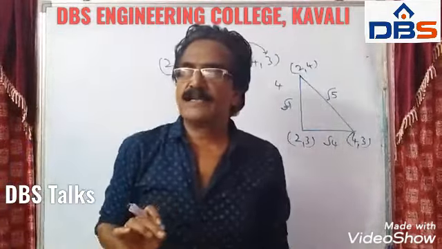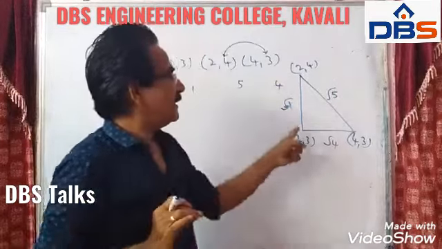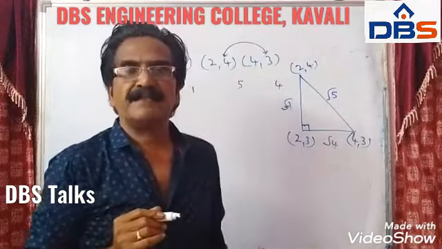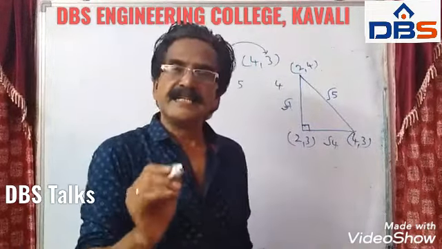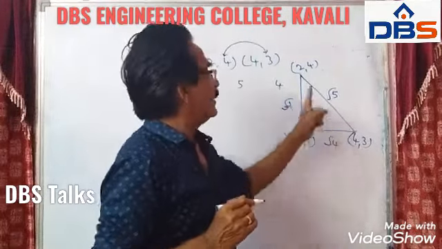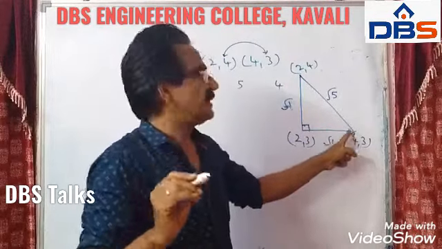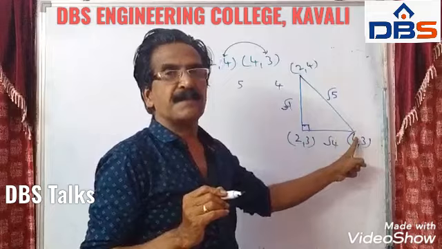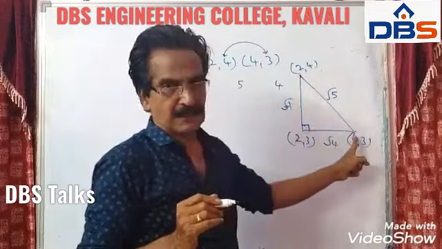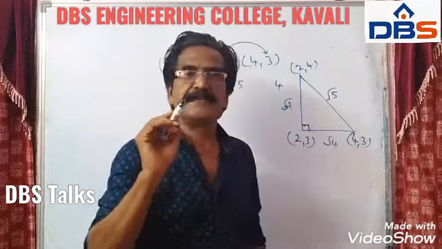If the given coordinates form a right angle triangle, then the point where the right angle is formed is itself the orthocenter. So for this triangle, these two vertices are the extremities of the hypotenuse, because this square is equal to this square plus this square.